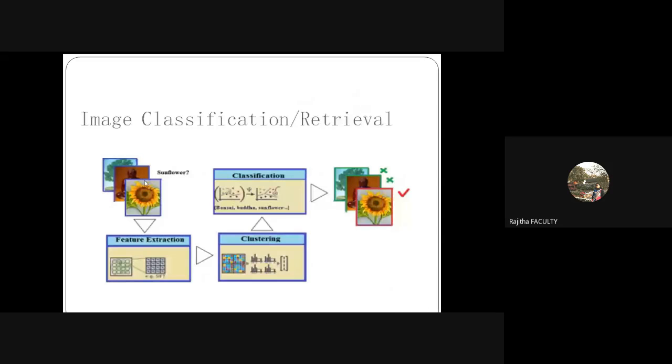But in these 3 steps, I need not do the feature extraction block, I need not do this clustering block, and I need not specify a classification approach. That means I have the input data set and I'll have only one model here. Instead of 3 different blocks, I'll have only one block when I apply a DL technique.